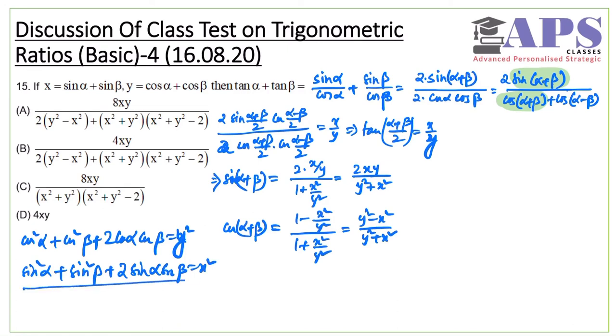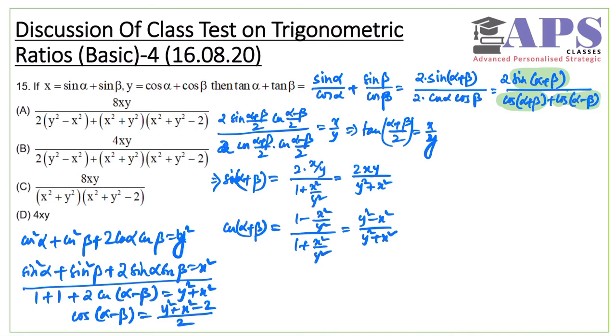If I add them, I will get 1 plus 1 plus 2 times cos of alpha minus beta equal to y square plus x square. So I wanted to get this. So our cos of alpha minus beta equals x square plus y square minus 2 divided by 2. So this is our another term. So therefore I am going to use them in this expression, and we will get the answer.